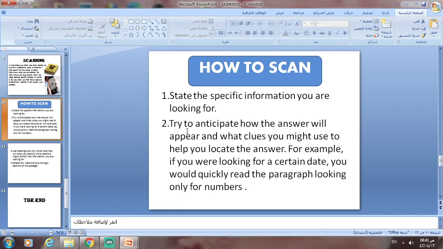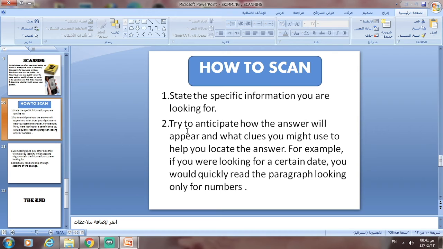So you have this question in your mind: why are the cases of divorce increasing these days? So you have this specific question in your mind, or the information that you want to look for.